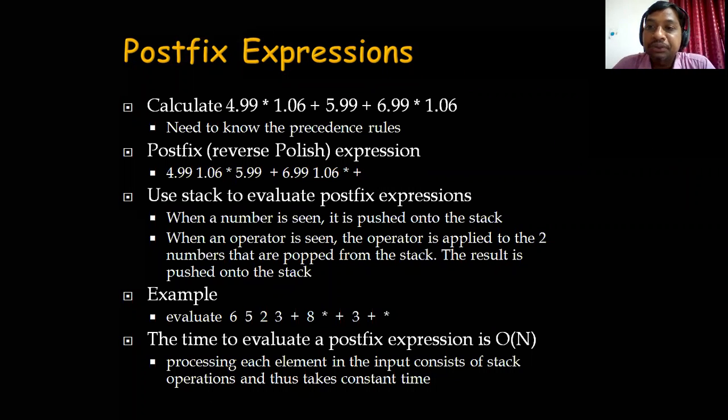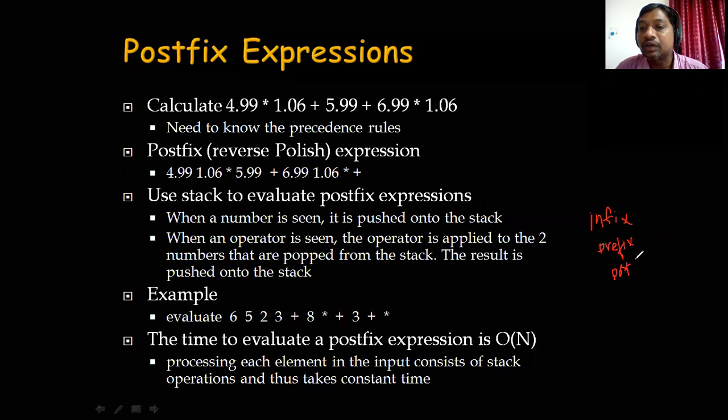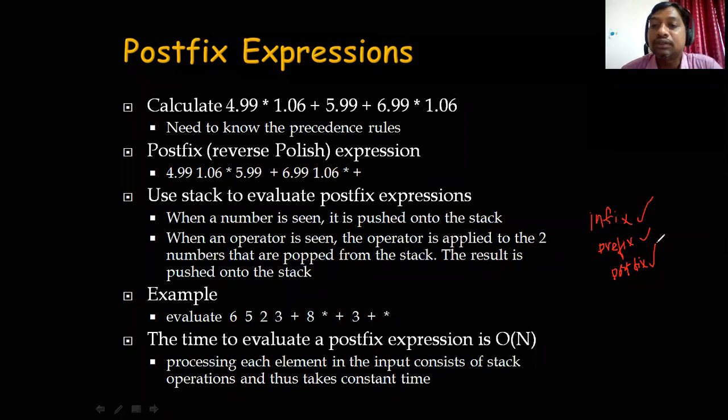There are three types of expressions: infix, prefix, and postfix. Usually, whenever we write arithmetic expressions in computer science, we follow any one of these formats: infix, prefix, or postfix.